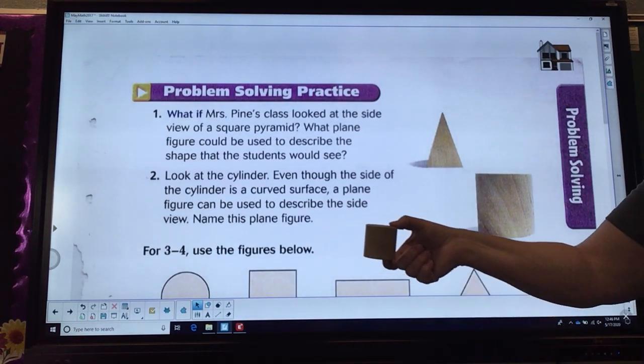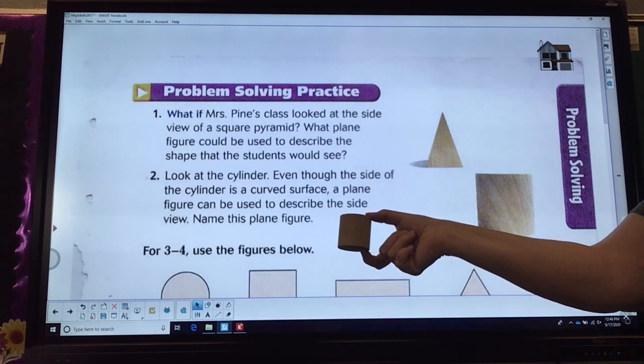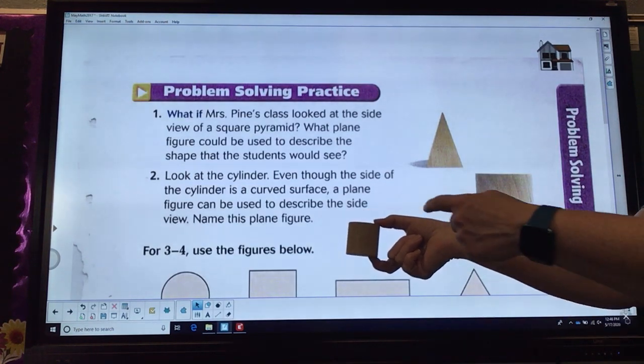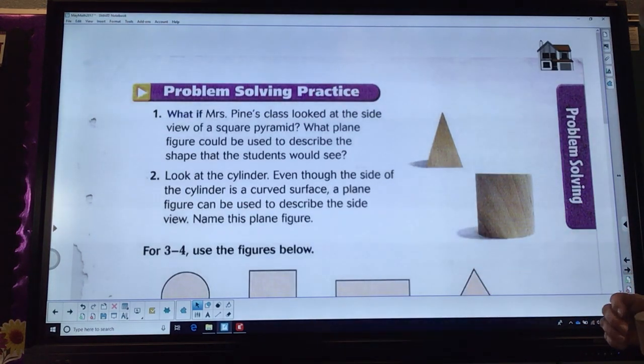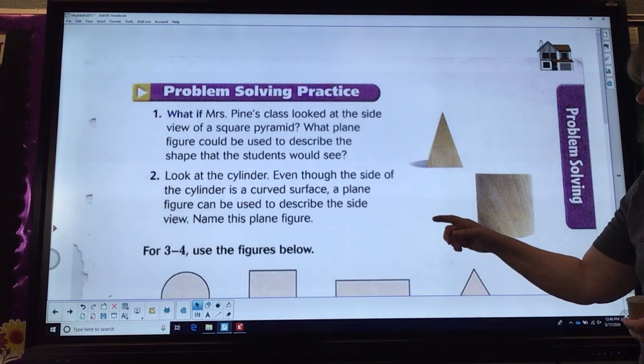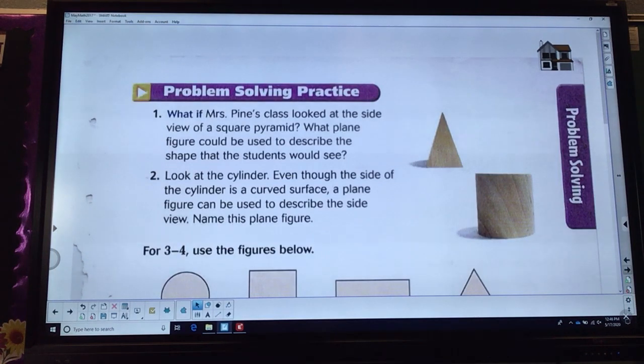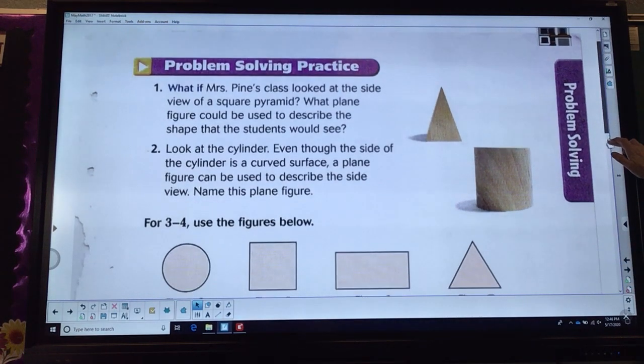If I hold it like that in the shadow, there's your rectangle. Even though the side of the cylinder is a curved surface, a plane figure can be used to describe the side view. Name this plane figure. And we just said that it is a rectangle.